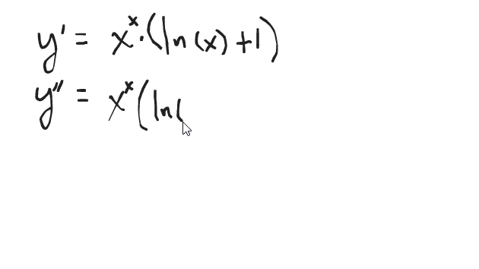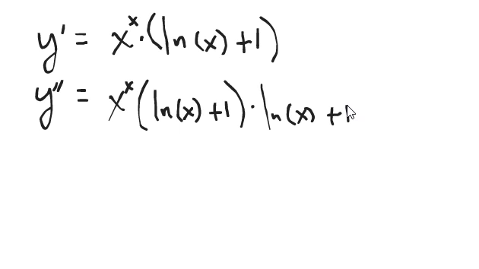The natural log of x plus 1. That's the derivative of this guy. Times, so we have to rewrite the second part of the function, the natural log of x plus 1, and of course I'm going to put parentheses around this, and then this is going to be plus.